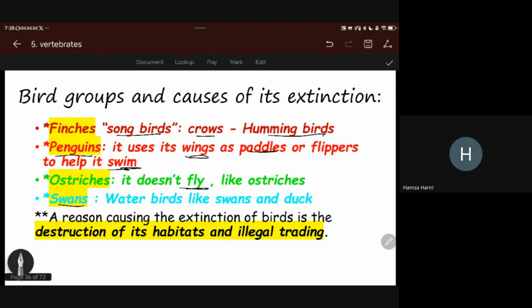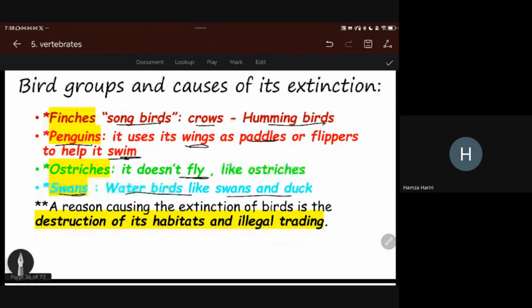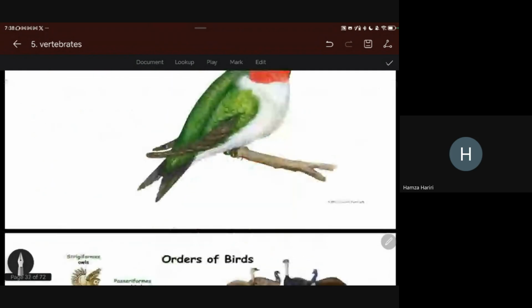And we have the swans, which are water birds like swans and ducks, so they only swim on the surface. A reason causing the extinction of birds is the destruction of their habitat and illegal trading. So we have two reasons for the extinction of birds: the destruction of their habitats, or trading them illegally.